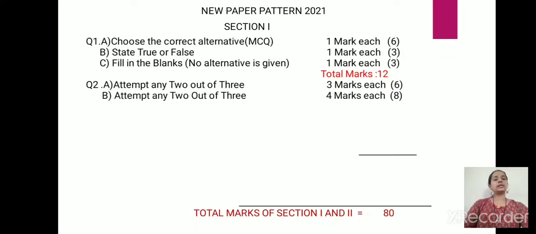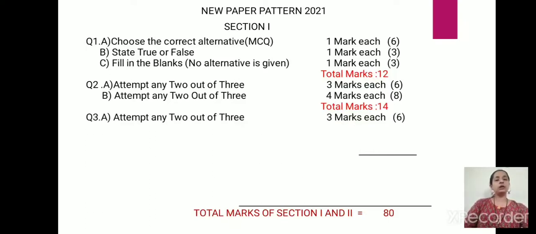Then next B. Attempt any 2 out of 3 again. But here the weightage will be 4 marks each question. So a total of 2 questions are to be solved. So how many marks for question 2b? 8 marks. So question 2 will have a weightage of 14 marks. So 12 marks question 1, 14 marks question 2.